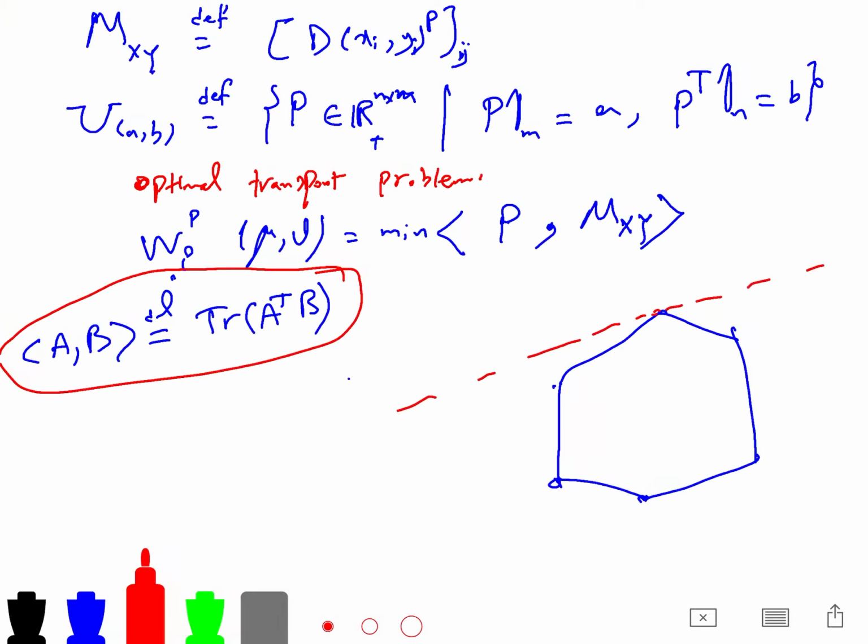If this is MXY, this is perpendicular to that, and this is your point, which is the optimal point, and this point is a matrix. This point is a matrix because your manifold is not a usual manifold.